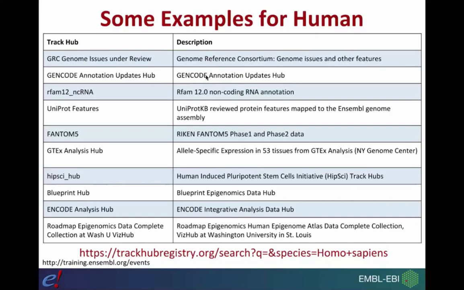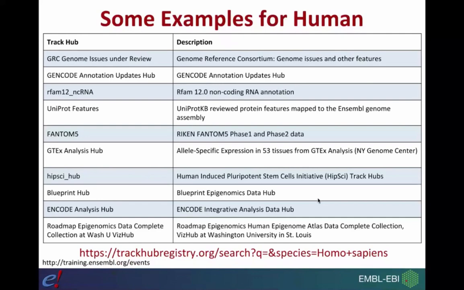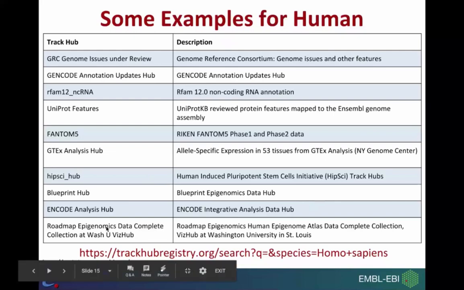These are daily updates to gene annotations that you will otherwise not see in Ensembl, because we work on a 3-month release cycle. There are track hubs for non-coding RNAs, for proteins, for GTEx data, and also for the different projects generating regulatory data, such as Blueprint, ENCODE, and Roadmap Epigenomics.